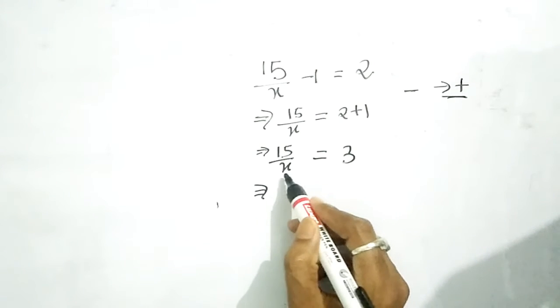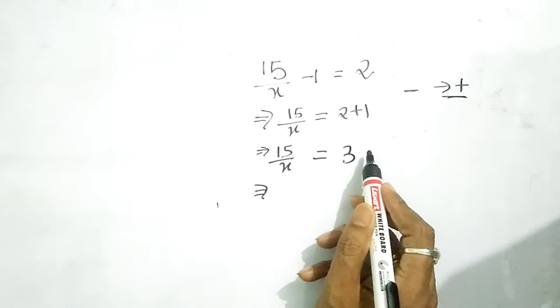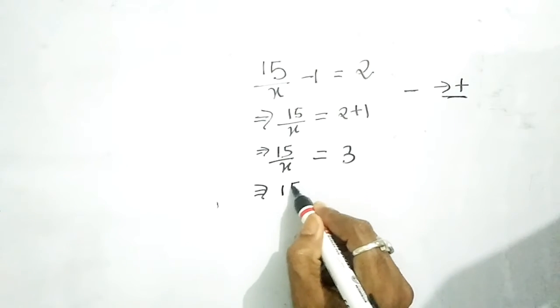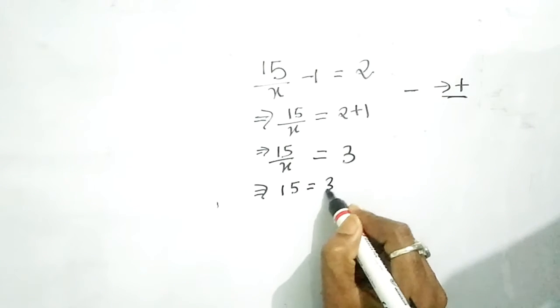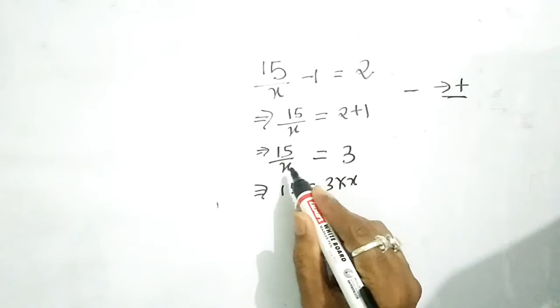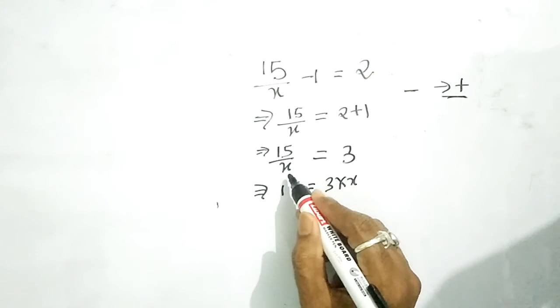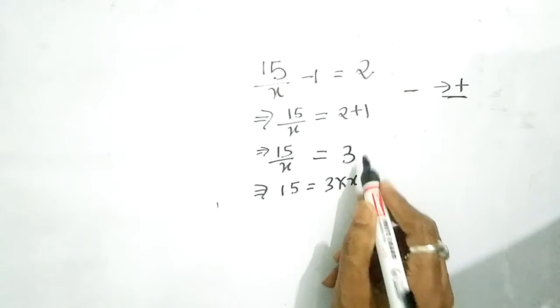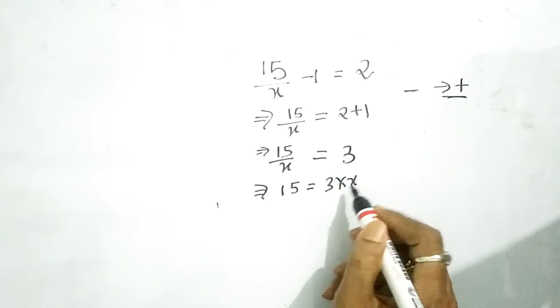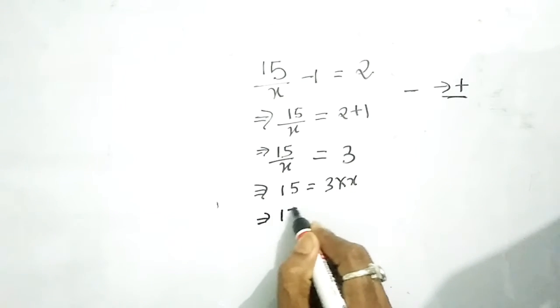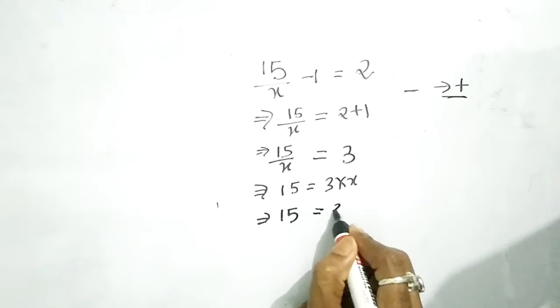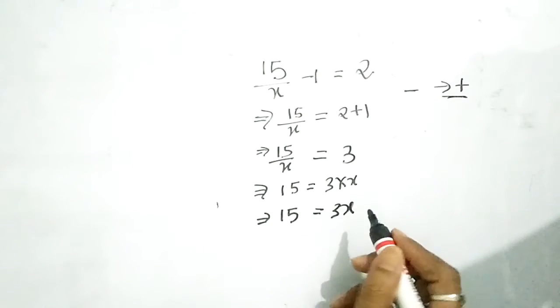So the division sign, when you shift it to the right hand side, becomes multiply, so 3 into x. So 15 is equal to 3 into x, means thrice x.